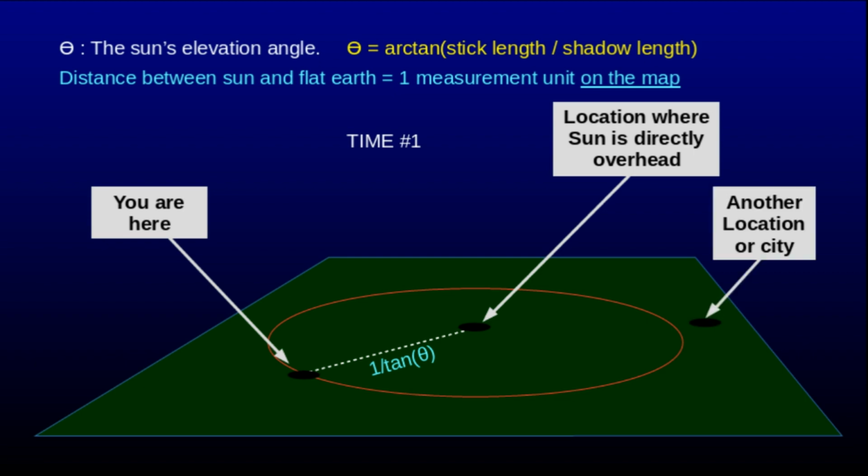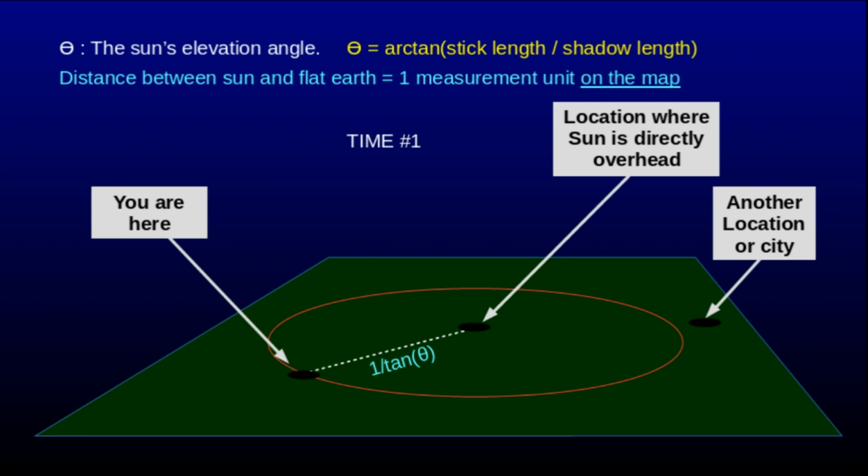Now suppose that you wish to also plot the location of another city. Remember, we're going to triangulate different positions to plot a map. So we don't want to just plot one city, we may want to plot several cities or locations.